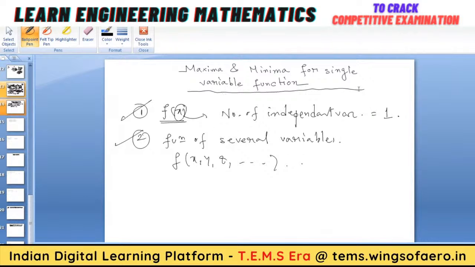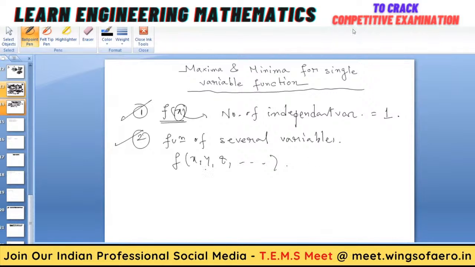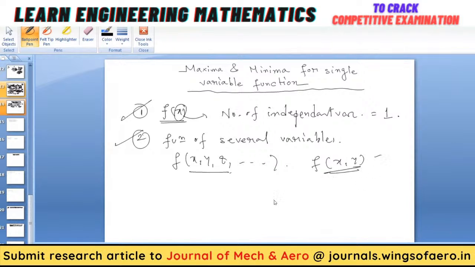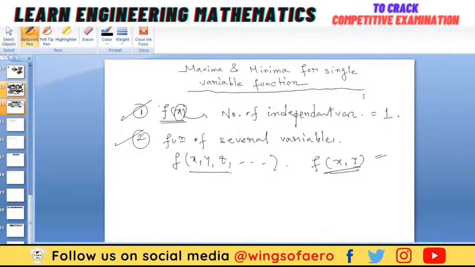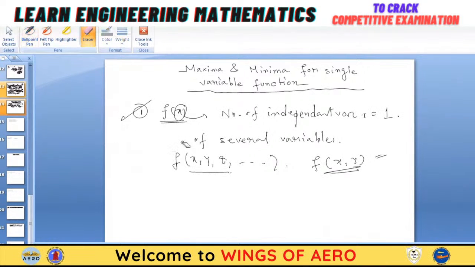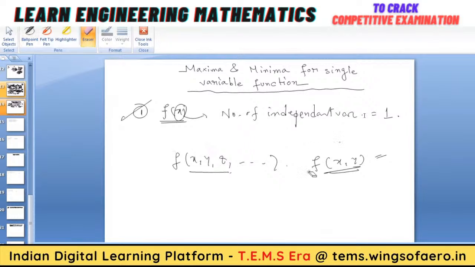In the GATE exam, the number of independent variables is not more than 2; in general you will face f of x, y type of function, not more than that. First I will explain maxima minima of a single variable, then I will complete the several variable case also within this day.